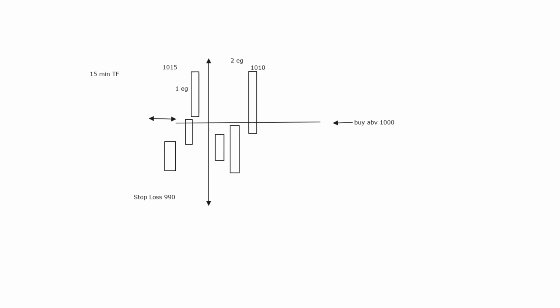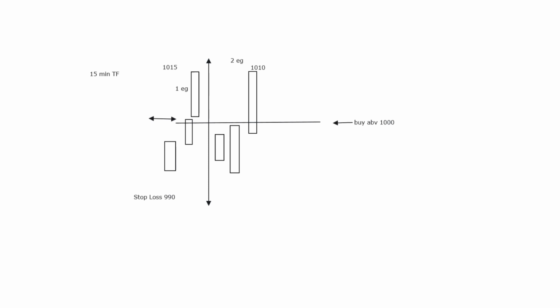When it comes to 1,015, you can always modify your stop loss from 990 to cost, or maybe 1,005, depending on your risk appetite. Always, when you're trading in futures, you need to be very quick when you're getting very good returns.